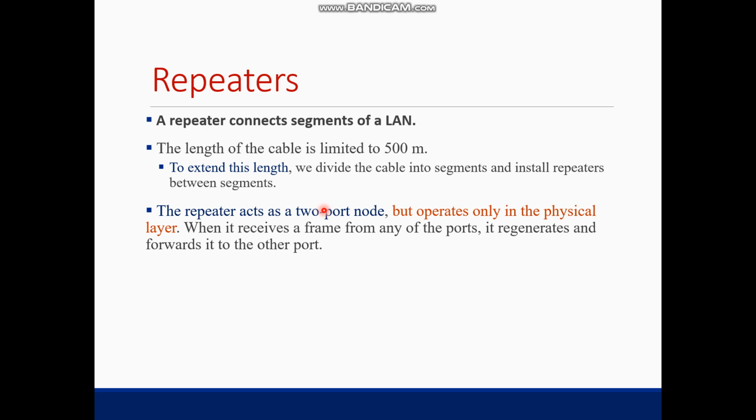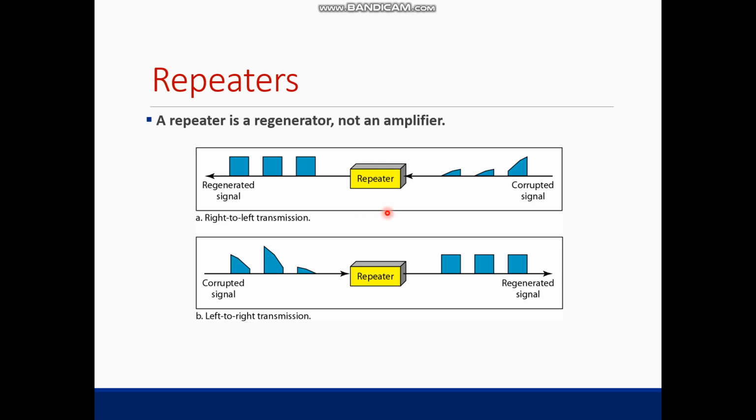When a signal comes from one point, it is regenerated at the second point in order to be sent further. So a signal may come from a sender and be corrupted or attenuated here. After this signal goes through the repeater, it is regenerated to the original signal.